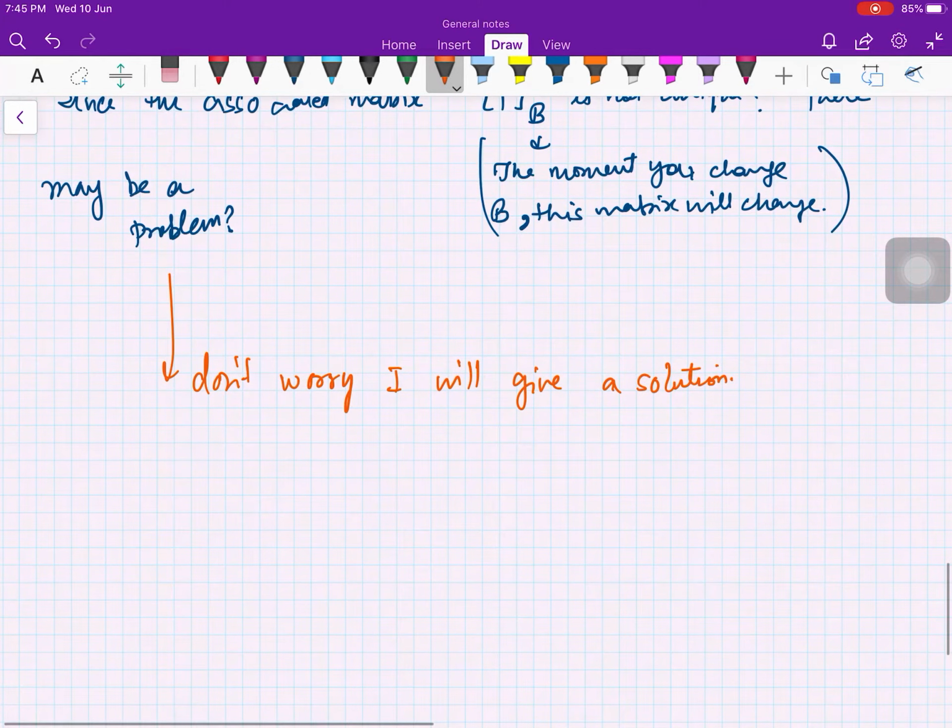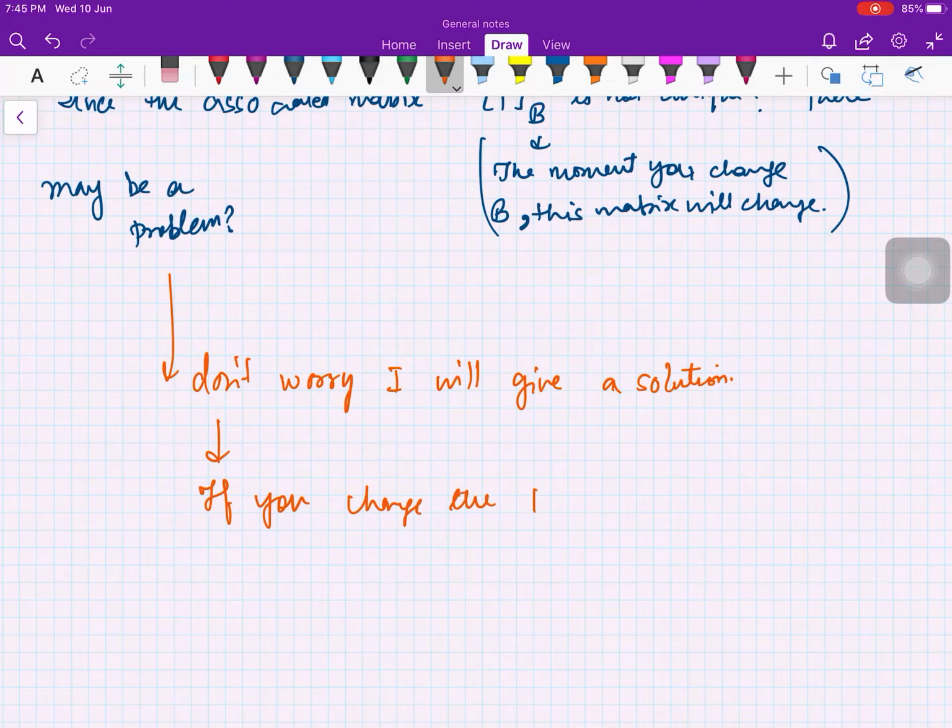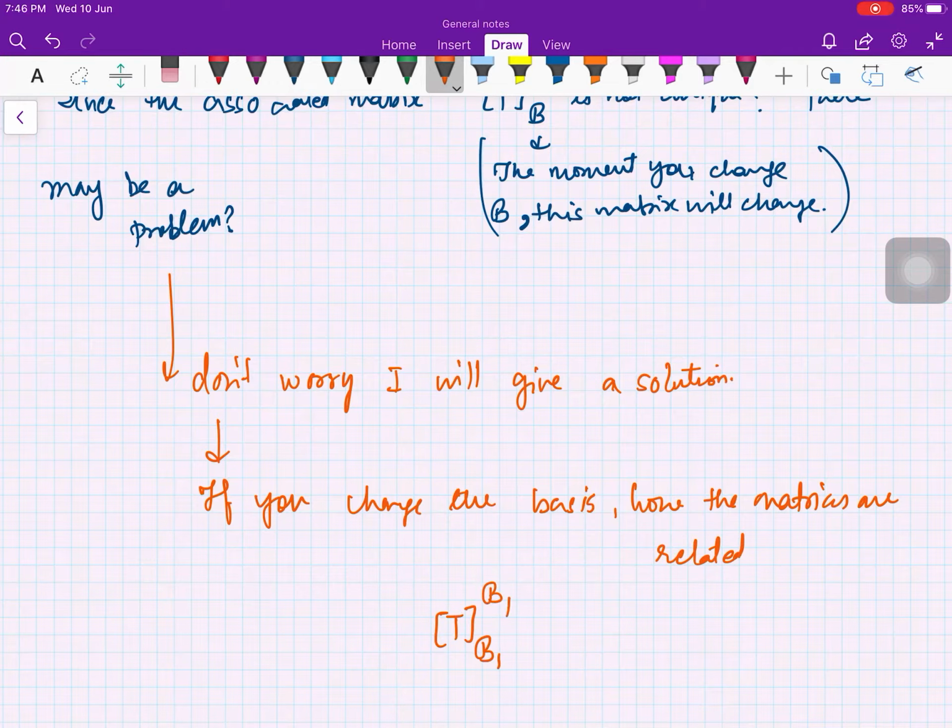So you tell me, if you change the basis, how are the matrices related? I'm asking you how this matrix T beta 1 and this T beta 2 are related.